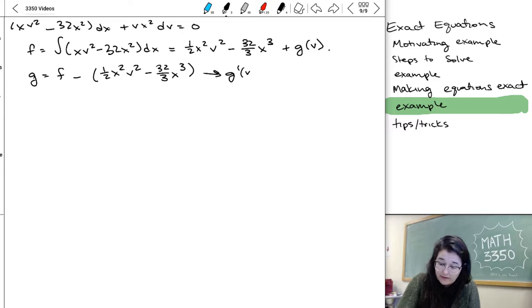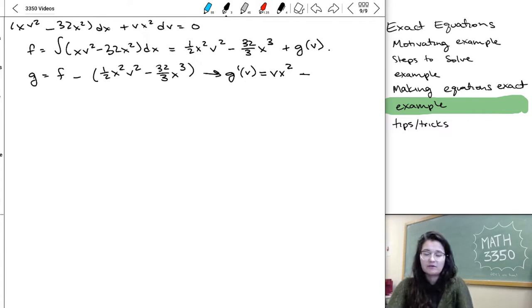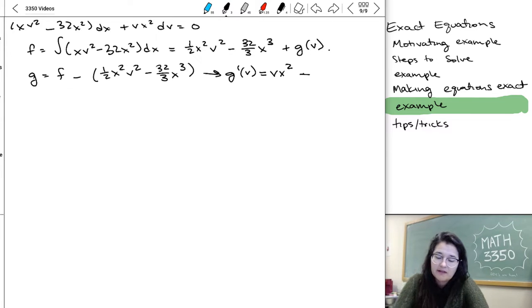And the derivative of that is going to take our N for the df dv, and then we take derivatives with respect to v of these terms right here. So derivative of this term is going to be 2 times a half, so just 1 x squared times v.